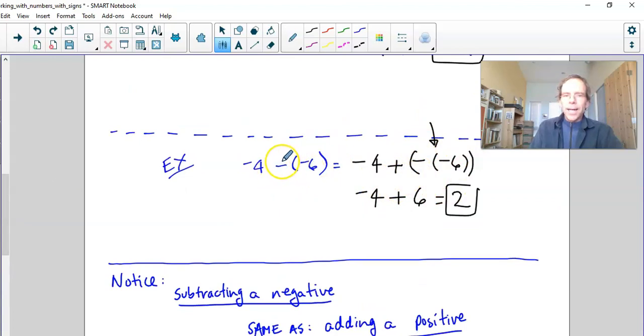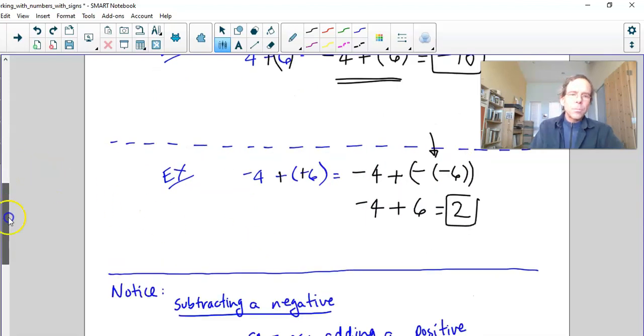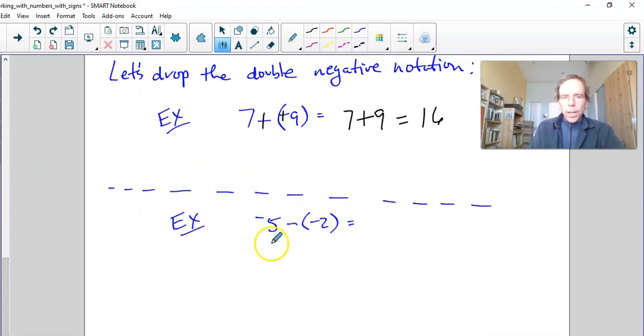So instead of writing it like this, I'm just going plus and plus for that case. A lot of people, when they get to a problem like this, might go plus and then write a little negative on there. It's just a notational thing to get quickly to what you have to do. Okay, this one would be negative 5 plus 2, right? Subtracting a negative is like adding a positive.